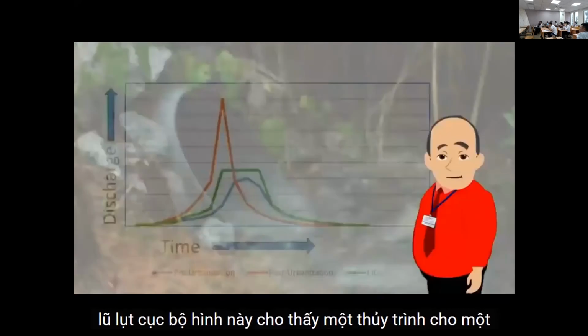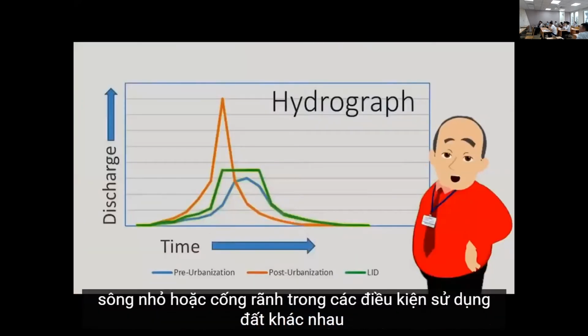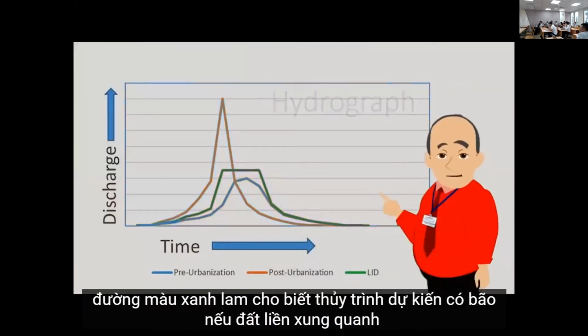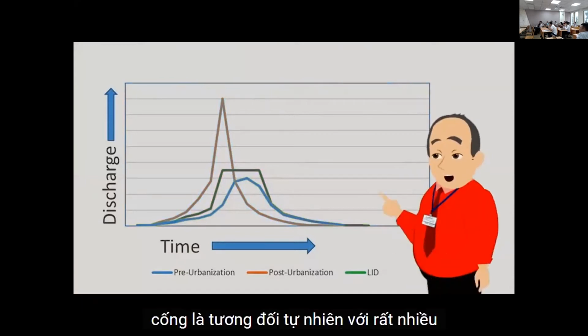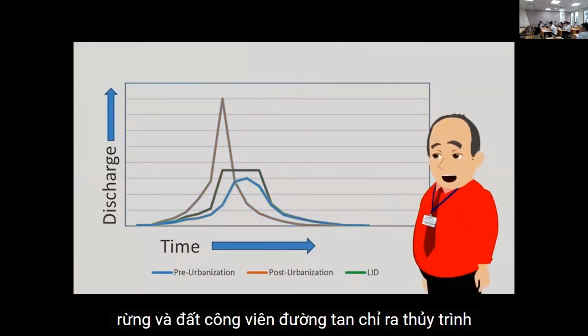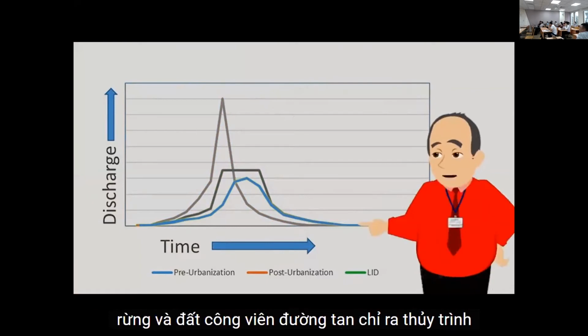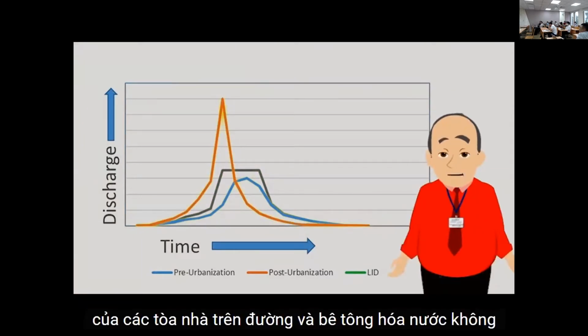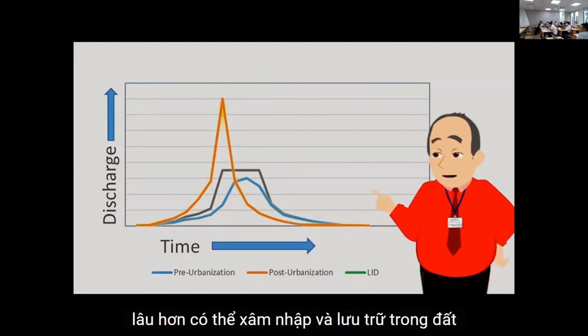This figure shows a hydrograph for a small river or drain under different land use conditions. The blue line indicates the hydrograph expected for a storm if the land around the drain is relatively natural, with lots of forest and parkland. The tan line indicates the hydrograph expected for the same storm, but with a more typical urban land use of roadways, buildings, and concrete. The water no longer can infiltrate and be stored in the soil.